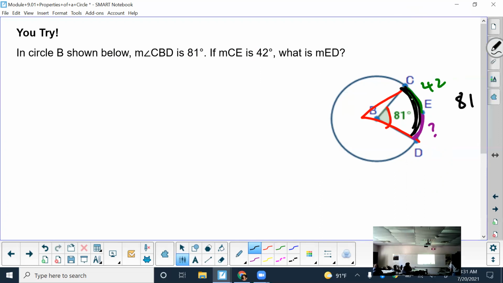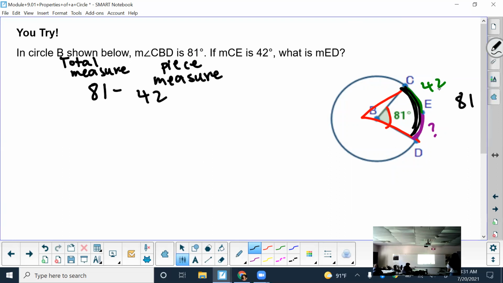If they labeled from here to here 42, all I'm really doing is taking whatever the total measure is and subtracting the piece measure. That's not like a formal formula, I'm just writing it how I would understand it. So knowing that postulate helps me figure out what that missing side is.